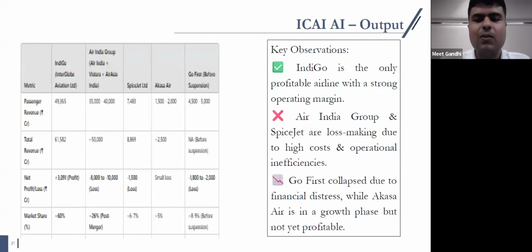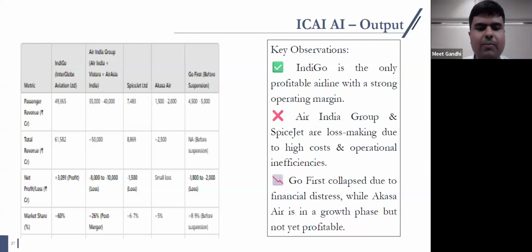So next, when we use the help of the ICAI tool, which is the CAGPT, and compare the table provided to us, the output itself is that IndiGo Airlines is the only profitable airline with a strong operating margin when we compare the low cost carriers such as the Air India group, which now comprises Air India, Vistara, and Air Asia, the SpiceJet group, and Akasa Air, which is a comparatively new airline.